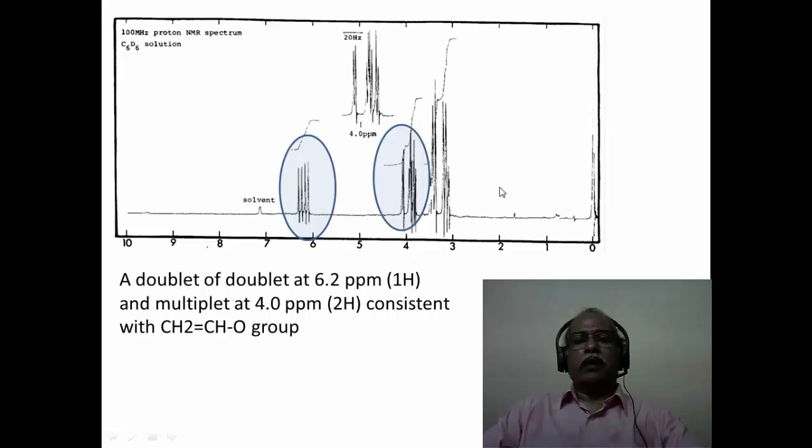And then again you have a 2:2 in terms of the integration of this multiplet. So the vinyl group, the CH hydrogen, comes in this region corresponding to the one integration that is shown here. The CH2 comes in this particular region at a lower region of 4 ppm corresponding to 2 hydrogen intensity.